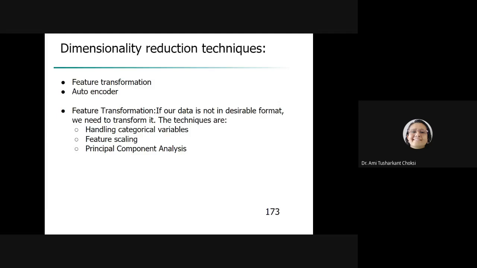What do we mean by that? For example, a very simple thing is if the data is available in kilometers, we do not want to have it in that format. We will convert that to meters, right? So either we want to convert the data to the same format when we are collecting it from different sites, or otherwise it is not available in the desired format.